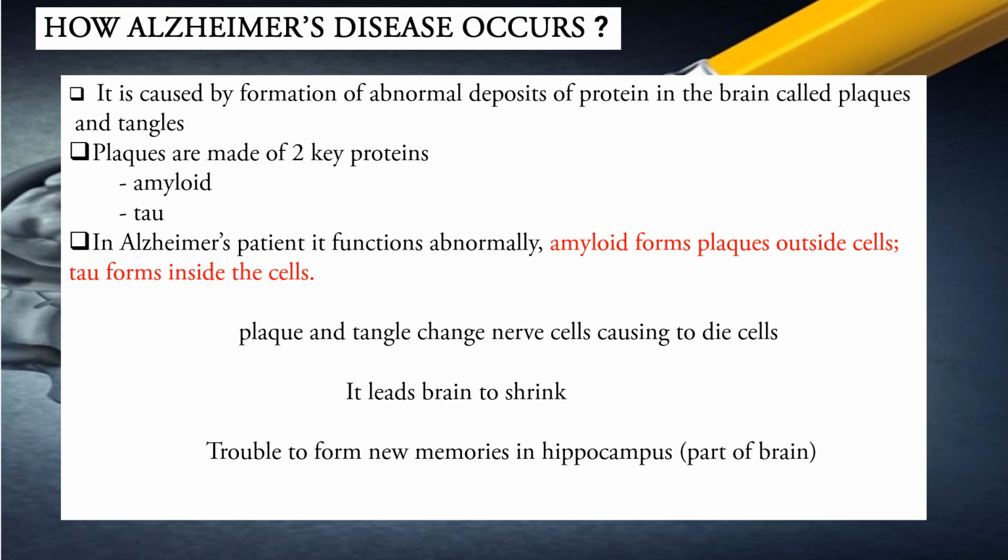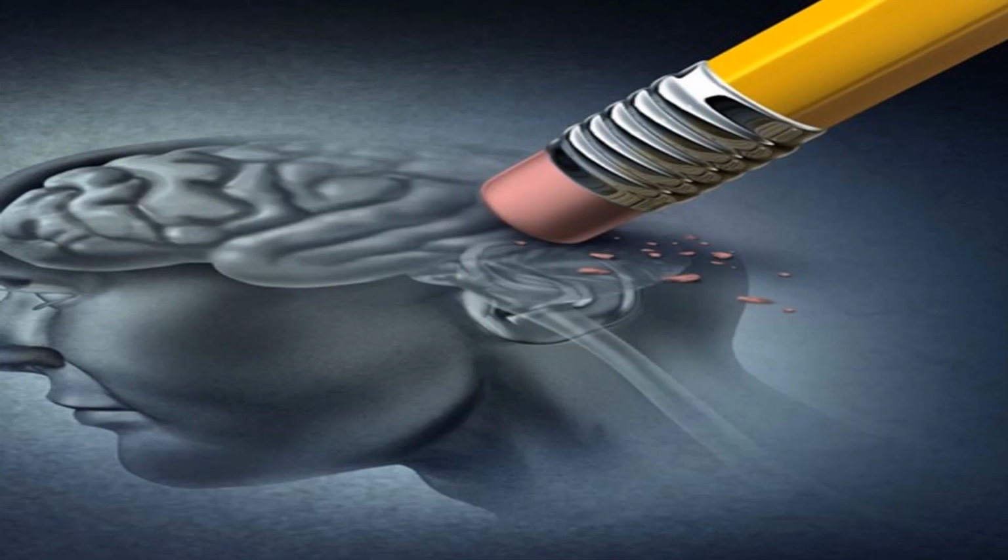Amyloid forms plaques outside the cells and tau forms tangles inside the cells. Plaques and tangles cause the nerve cells to die, and this leads the brain to shrink. And this causes trouble in forming new memories in the hippocampus, which is the part of the brain.